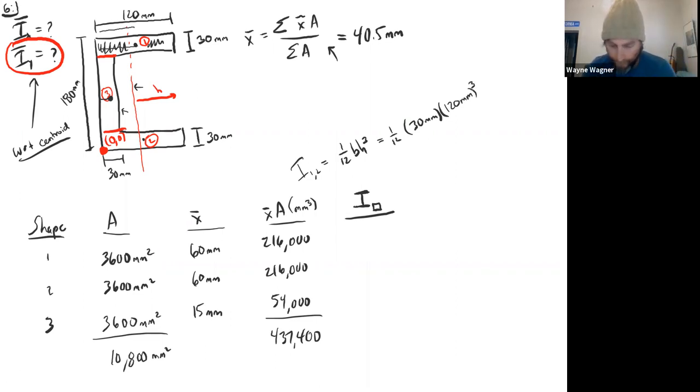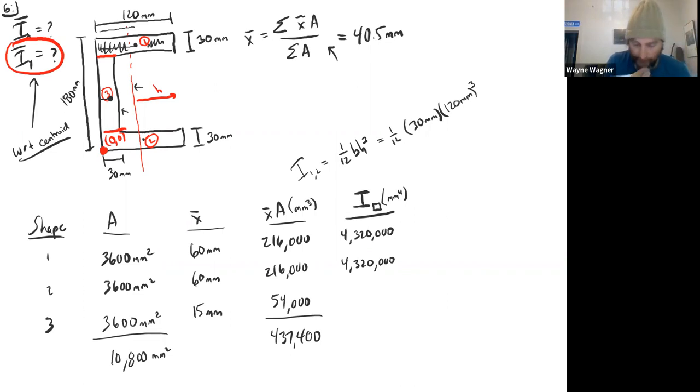So if we do that, that's 30 times 120 cubed, which equals some massive number that we divide by 12. We hit equals, and we get 4.32 million, 4.320 million. I'm going to say this is in millimeters to the fourth.